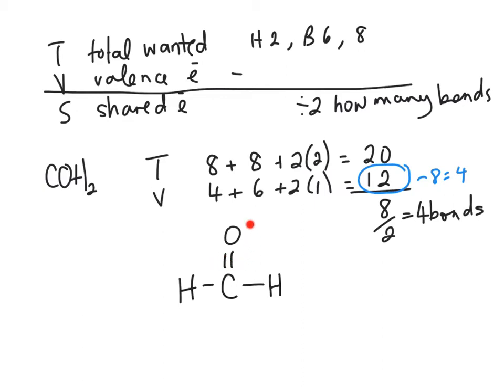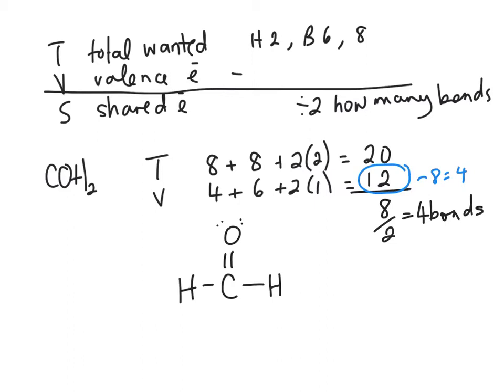What's not satisfied is oxygen. Currently, it only has 4 electrons. So those electrons go on oxygen. So now we have used 2, 4, 6, 8, 10, 12 electrons, which is all we had to start with. So there's our structure.